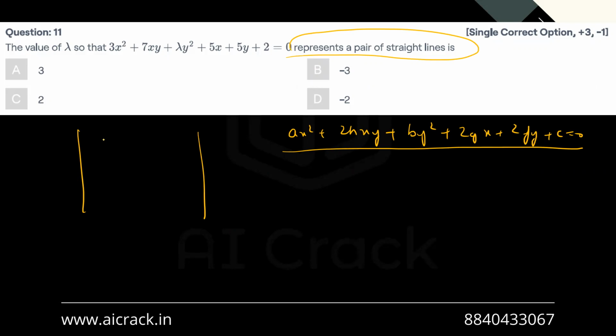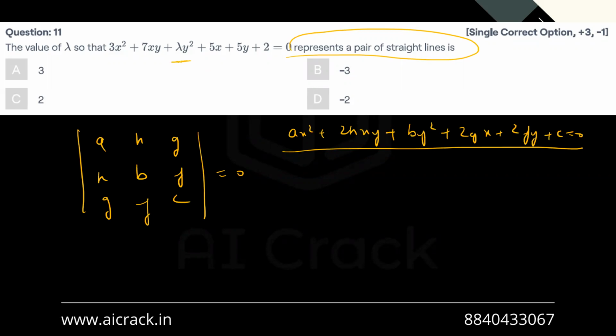What that determinant is: a, b, c as the diagonal elements and h, g, f as the symmetric elements over there. So now this determinant has to be 0. And if this determinant comes out to be 0, that means this 2-degree equation represents a pair of straight lines.